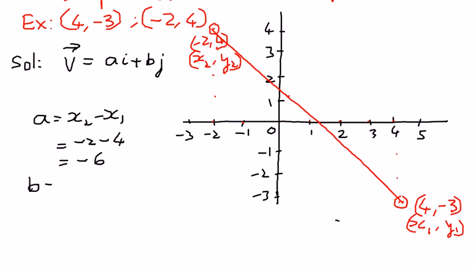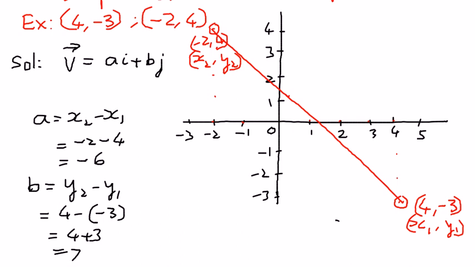Similarly, b will be equal to y2 minus y1. y2 here is 4, minus y1 here is negative 3. Therefore, 4 plus 3 is equal to 7. In terms of representation, I'm going to represent that by another color.